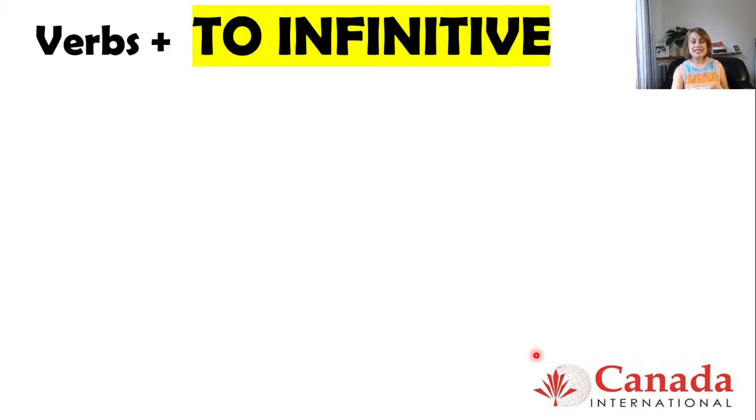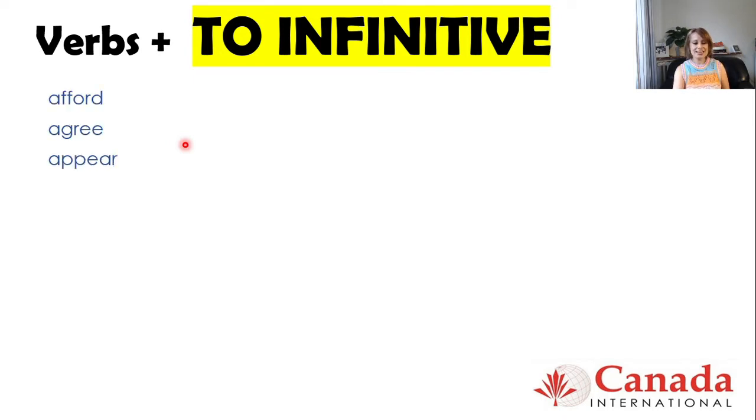Now, the list of verbs. After these verbs that we're gonna see, if we need another verb in the sentence, it's going to be a to infinitive. These verbs can be conjugated in any tense. Later, we're gonna see some examples. Let's see the list.